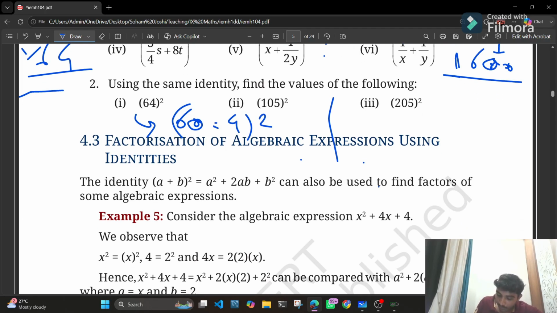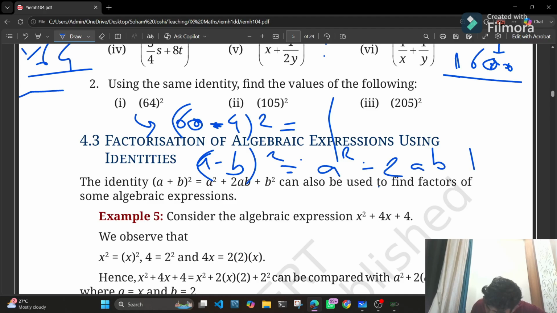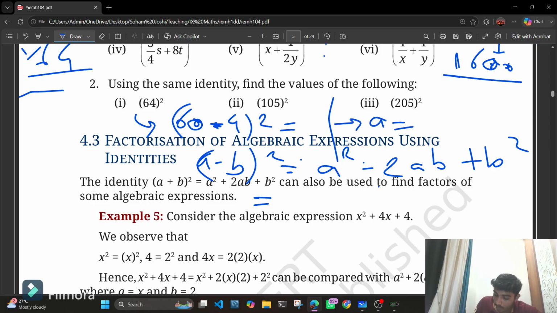So similarly, we need to find 60 minus 4 whole square. So remember the identity we learned, that was a minus b whole square. So we'll use a minus b whole square, that is a square minus 2ab plus b square. So here a is equal to 60 and b is equal to 4.